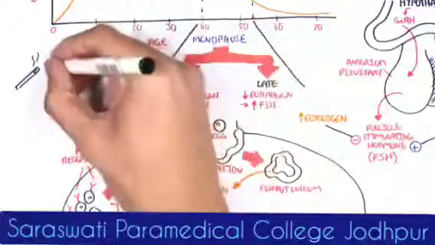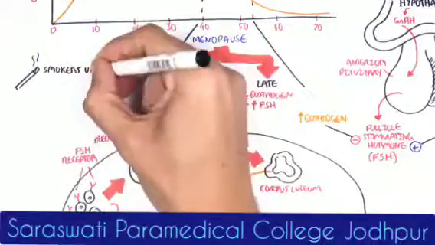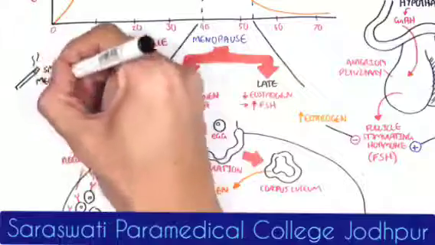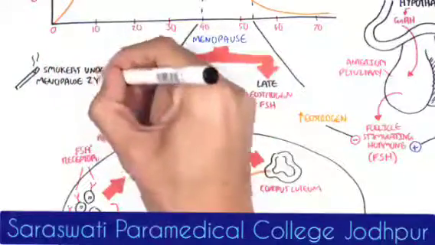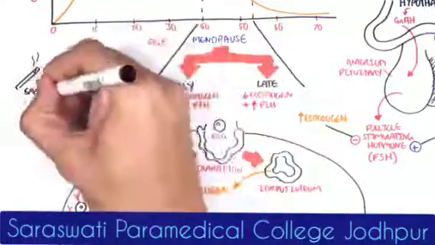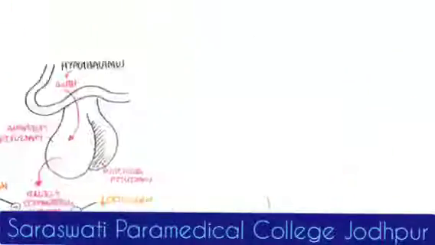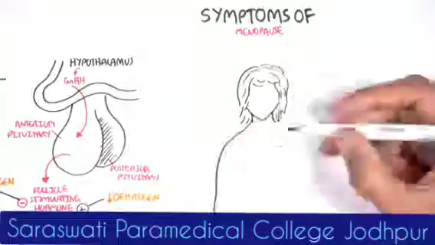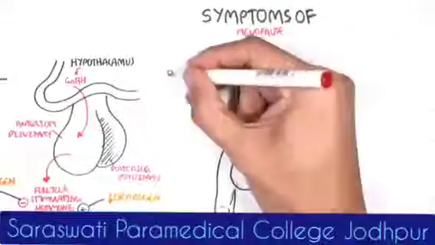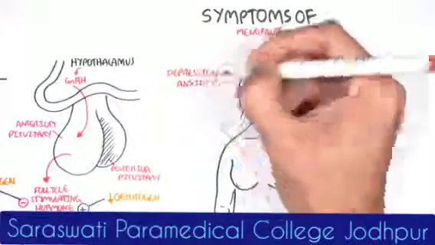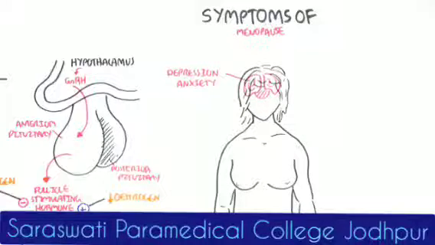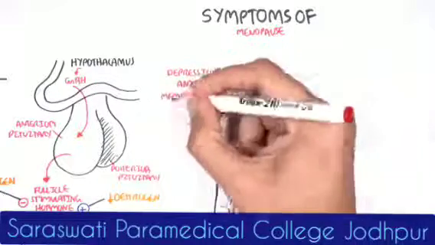Factors that can hasten the onset of menopause include smoking. Smokers undergo menopause 2 years earlier than non-smokers. Let us now look at some symptoms of menopause. Some neurological signs and symptoms include depression, anxiety, memory loss, labile mood, and headaches.